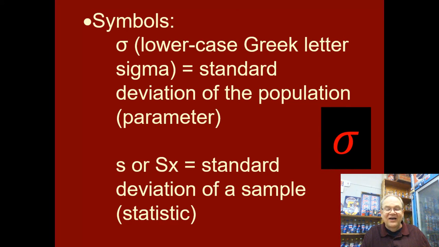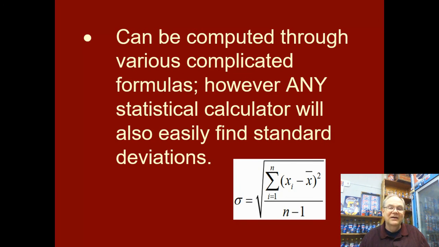S or SX is going to end up standing for the standard deviation of a sample. It's SX that you're going to want to look for on your calculator when we go back and talk about finding these things with a calculator. So again, sigma for the whole population and S or SX for the sample.